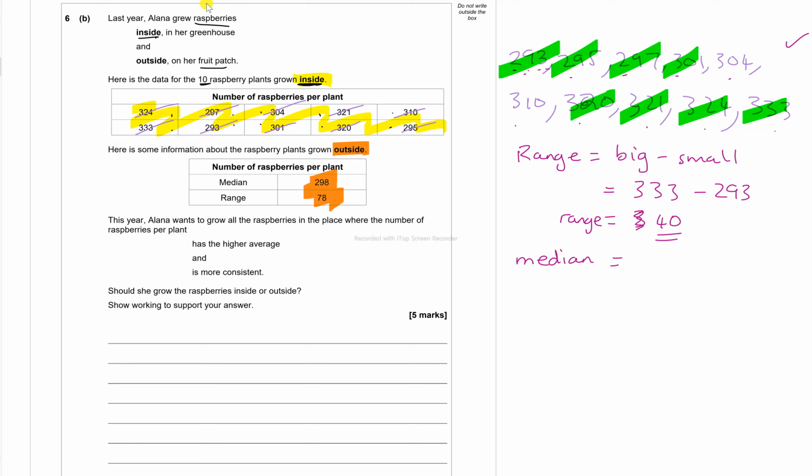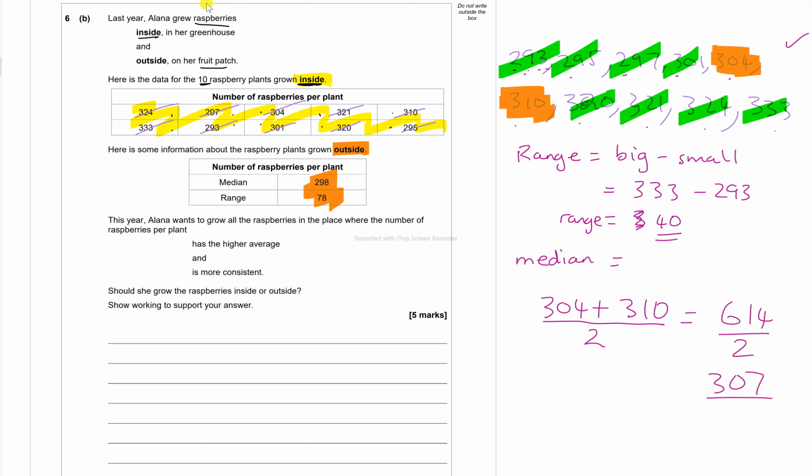Now careful, I'm left with 2 here. What did we say we've got to do with that? We've got to do 304 plus 310. So all you do is take the last 2 numbers that are left, add them and divide by 2. So that is 614 divided by 2, which is 307. So our median is 307.